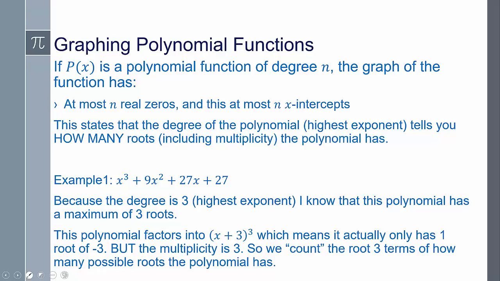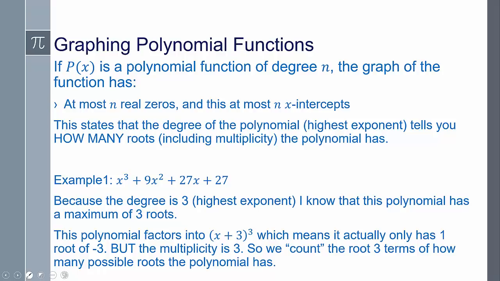So the degree, the highest exponent, is how many roots you have, including multiplicity. With multiplicity, you count a root as many times as its multiplicity.